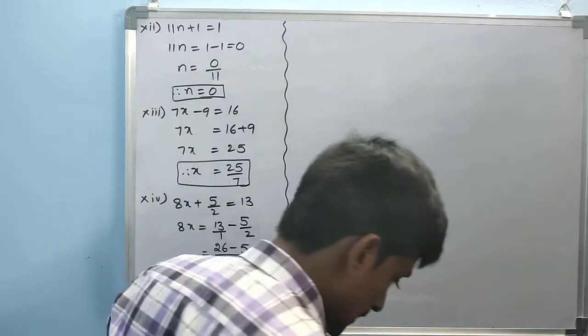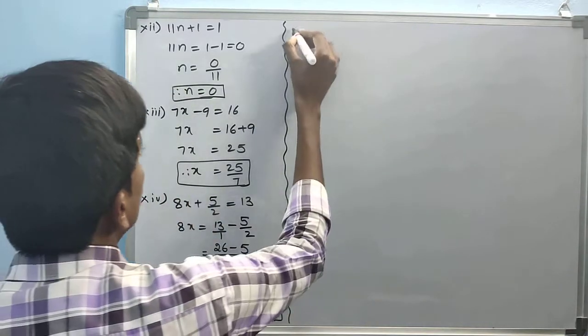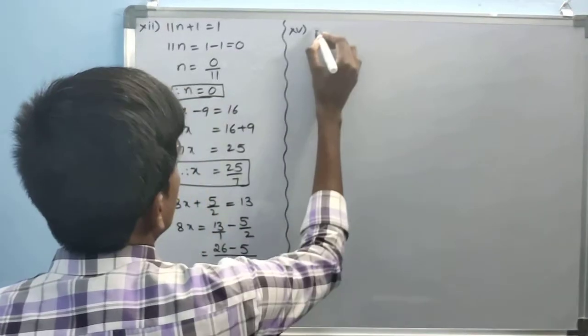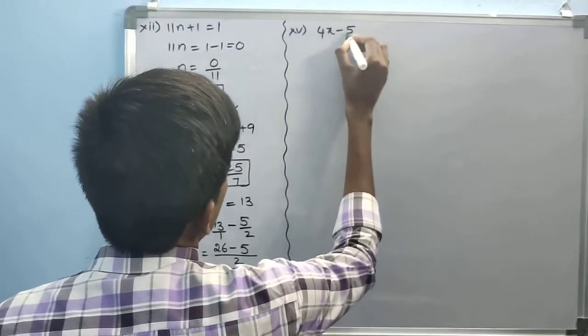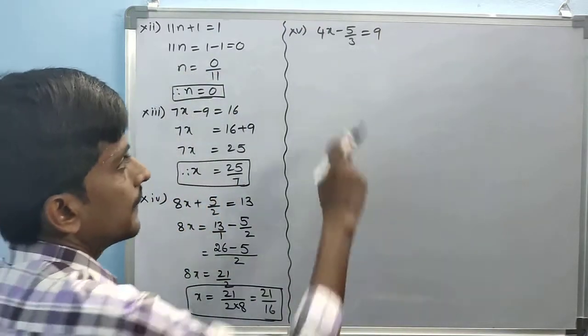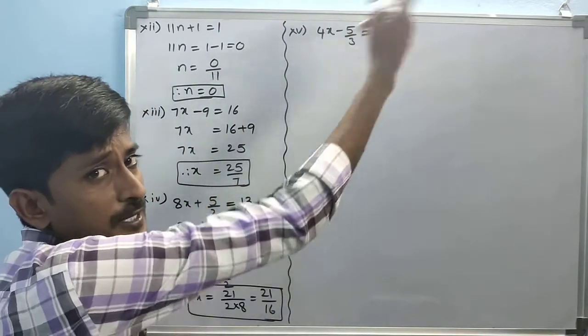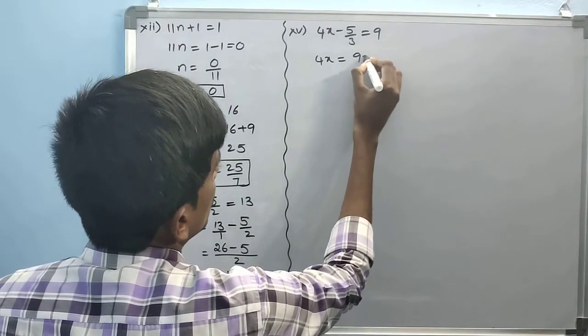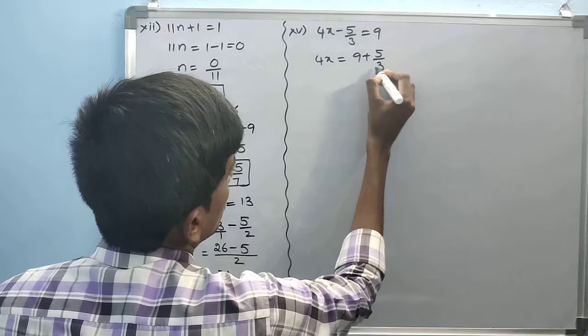And what about 14th, 15th one? 4x minus 5 by 3 equals 9. Here minus 5 by 3 is transferred to that side, plus 5 by 3. 4x equals 9 plus 5 by 3.